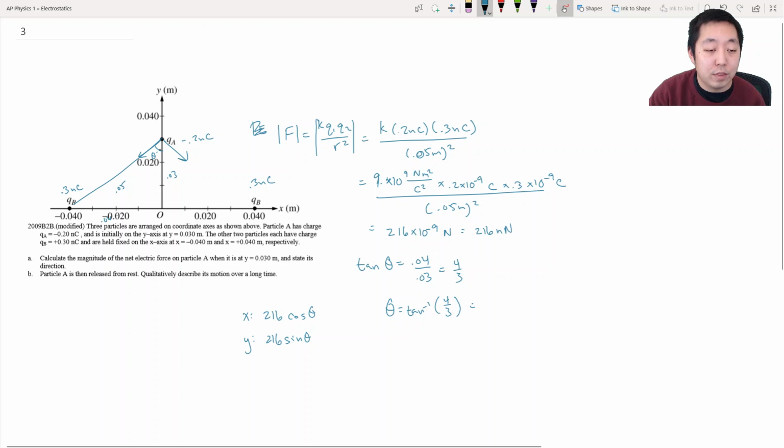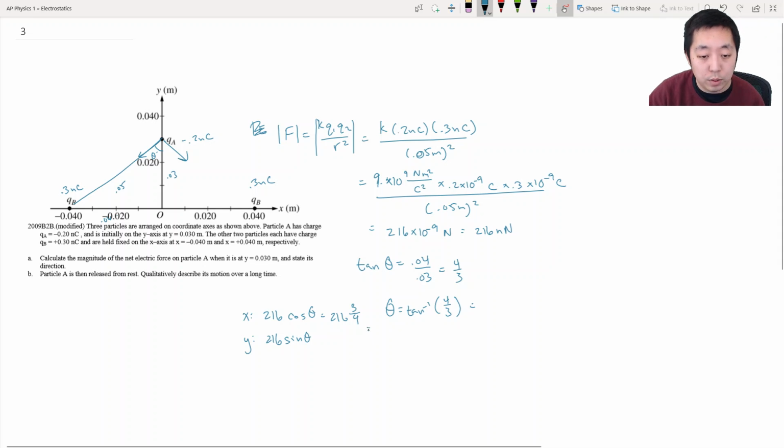But cosine of theta, because this is the triangle, is adjacent over hypotenuse. That's 0.03 over 0.05. So that's really equal to 216 times 3/4. So 216 times 3 divided by 4 is 162.